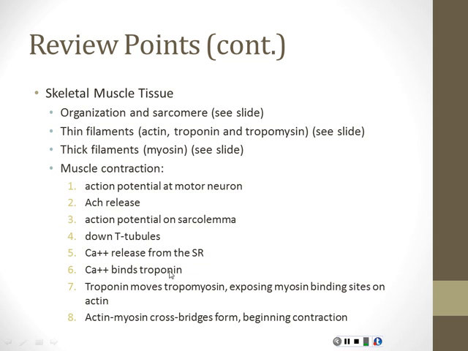So calcium binds to troponin. Troponin moves tropomyosin, exposing the binding sites on actin. And then now cross bridges can form. So actin and myosin interact, and myosin pulls on the actin thread and effectively shortens that sarcomere, shortening the whole myofibril and therefore the whole muscle.